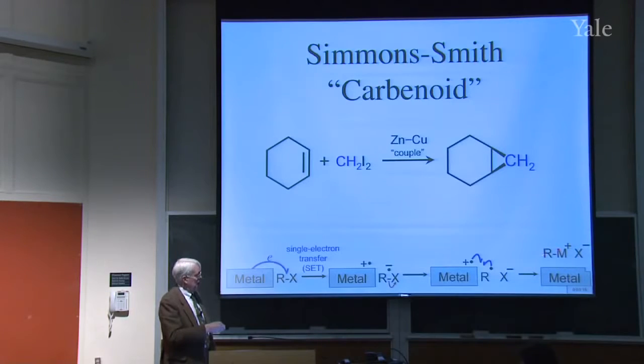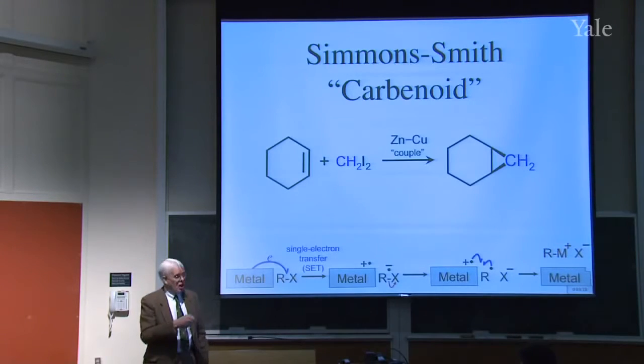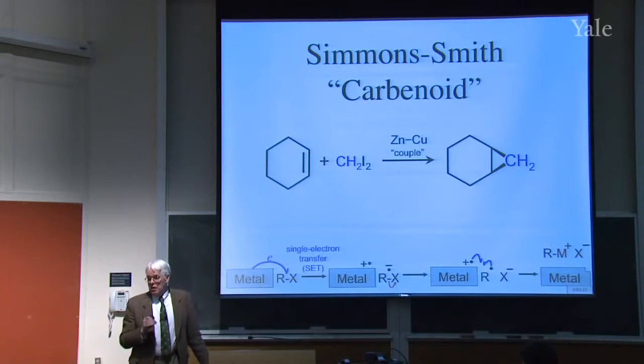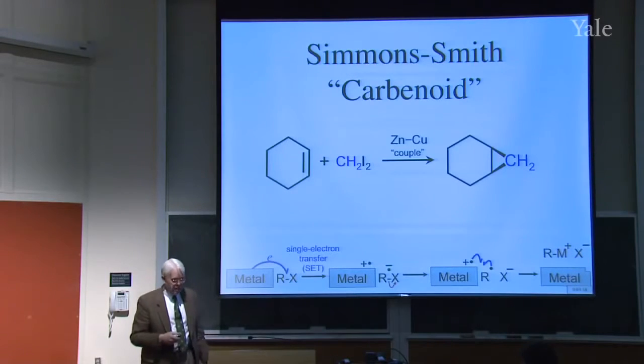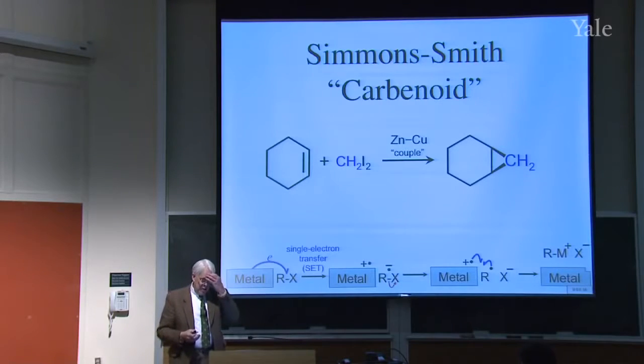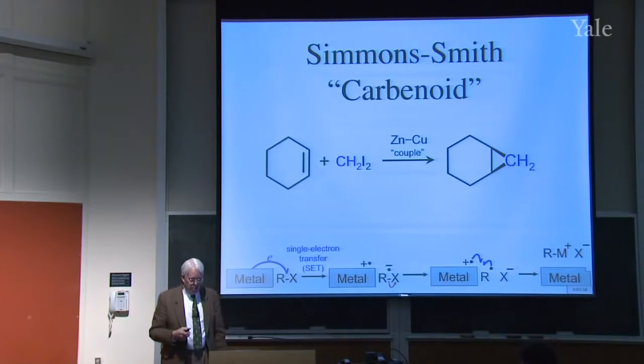So it makes a bond to R and has a positive charge, and then it's associated with the X minus. If it had been a monovalent metal, like lithium, then it wouldn't have had the charge. It would be R lithium, right? And there would be two lithium atoms involved. Another one would be lithium plus that goes with the X minus. But at any rate, this is how you make alkyl metal bonds in the first place.